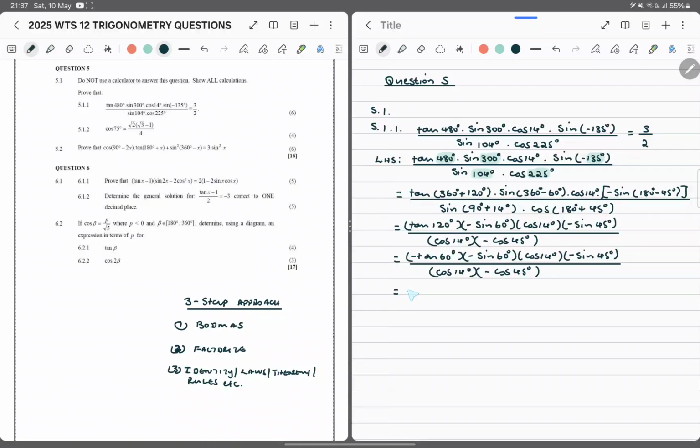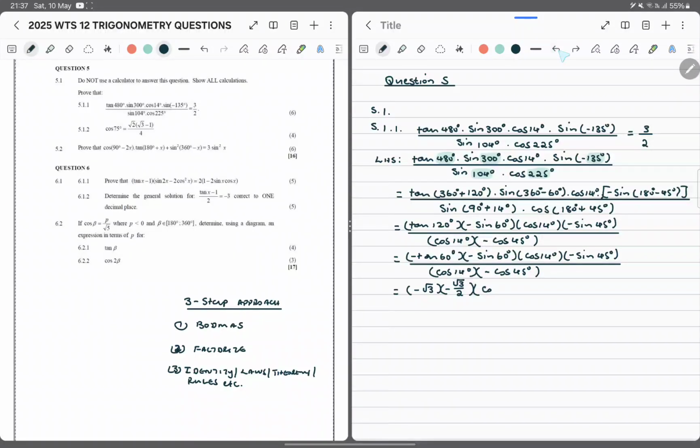So what do we see here? This is minus square root 3, right? Right. Minus sine 60 is a root 3 over 2 times cos 14. We leave it as it is.